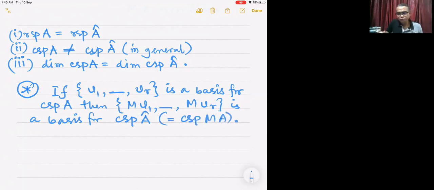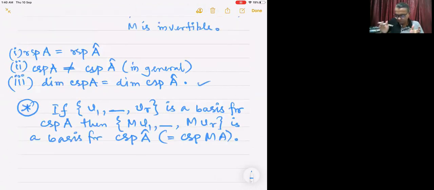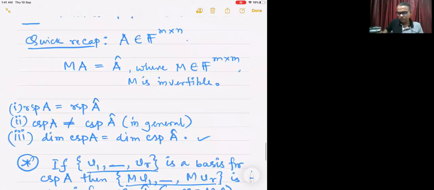This is what we have proven. If this is a basis for the column span of A, this is size r, this is going to be a basis for the column span of A hat, and this also has size r. Therefore, the dimension of the column spans will remain the same. And that is why we have this table.